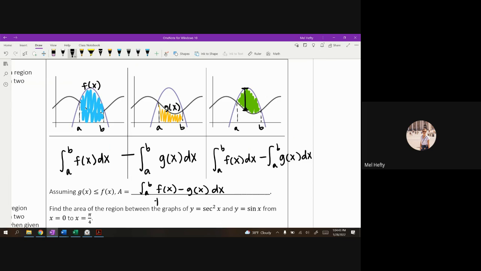So I will usually call that the top function minus the bottom function, where top refers to vertically higher and bottom vertically lower. We'll also talk about what that means if I'm looking left and right as well, but this language gets thrown around a lot and it's pretty consistent.